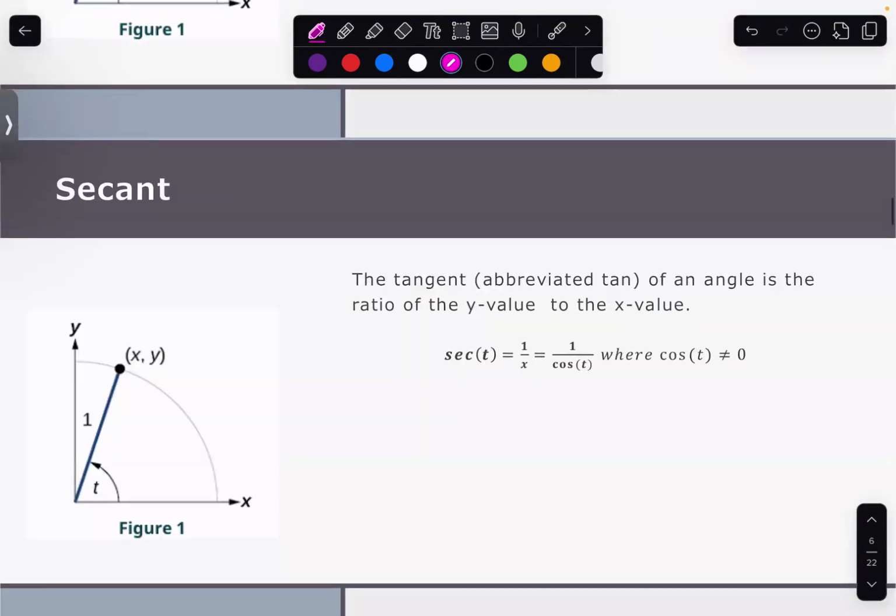Let's also introduce secant. Secant is the ratio of 1 to x, so secant is equal to 1 over x, or 1 over cosine of t.